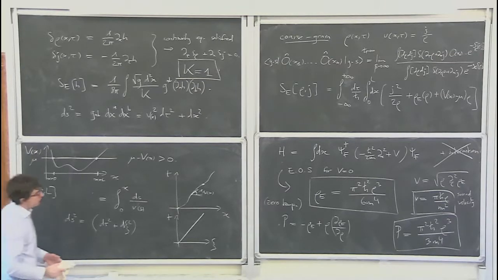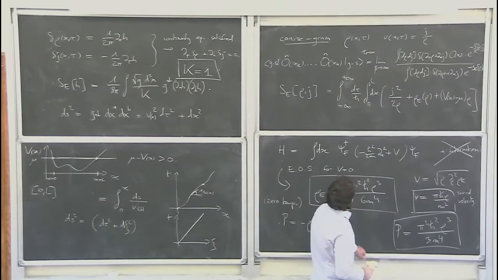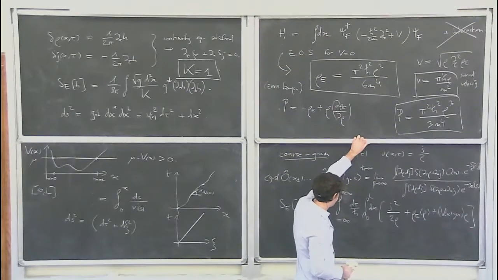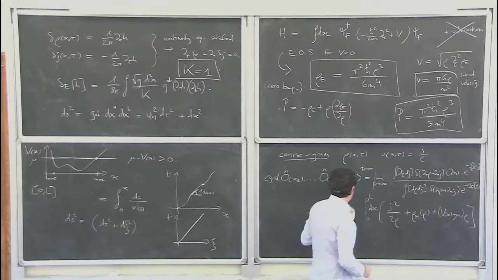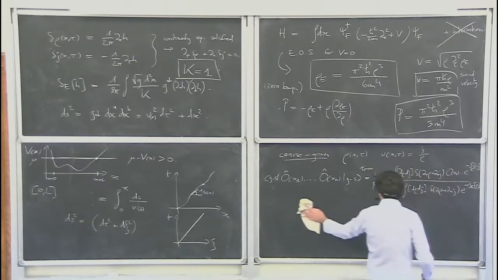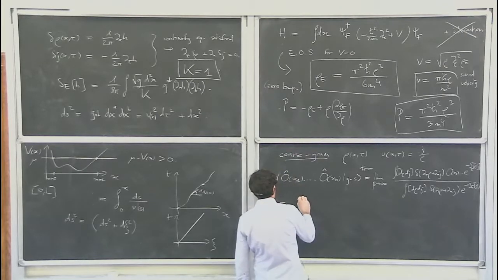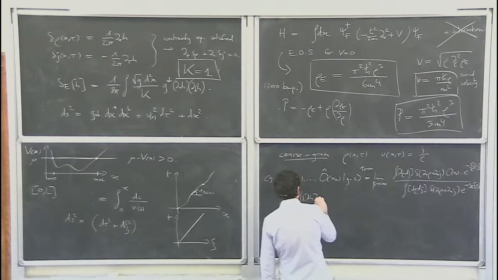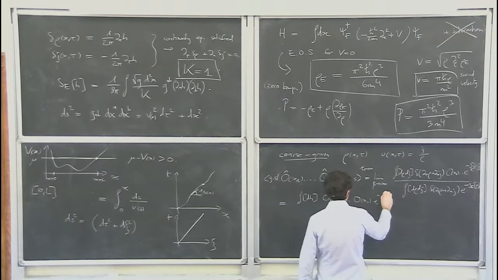Now, to summarize, we have arrived at the following. This is now a path integral over h of my operators O of x1 through O of xn, e to the minus S_E of h, which is my quadratic action.